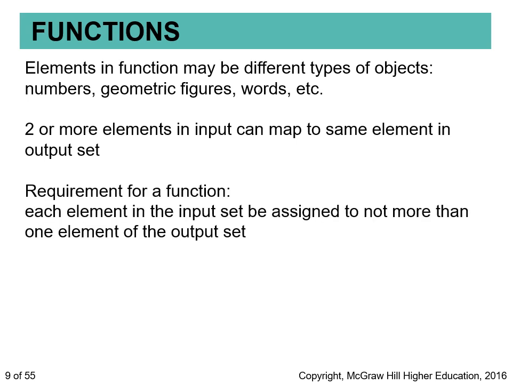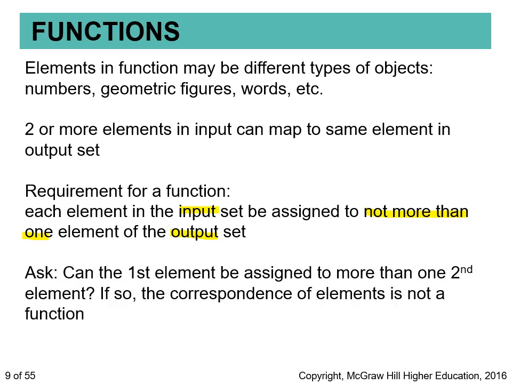The requirement is that each element in the input set cannot be assigned to more than one output. So ask yourself, can the first element be assigned to more than one second element? If so, it is not a function.